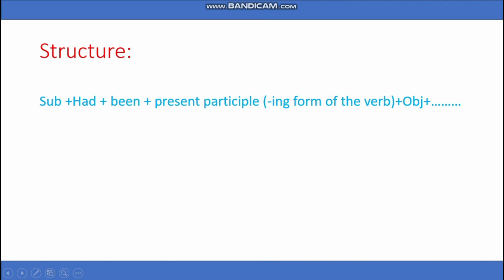For example, I had been, you had been, she had been, he had been, plus the present participle, meaning the ing form of the verb, plus object. You can use any object, like she had been studying in the ground, and you can use any modifier after this object.